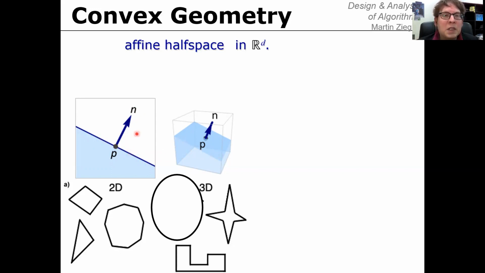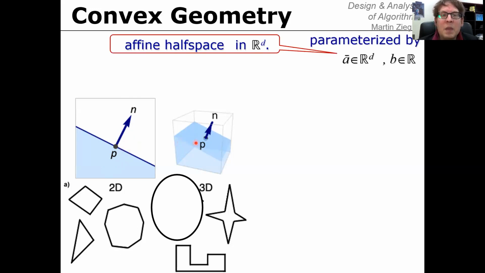We can describe such a hyperplane by its normal vector, the vector that is orthogonal to this plane. And since we're talking about affine shifted half spaces, there's also an offset, a distance from the origin to the point in the plane that is closest to the origin.